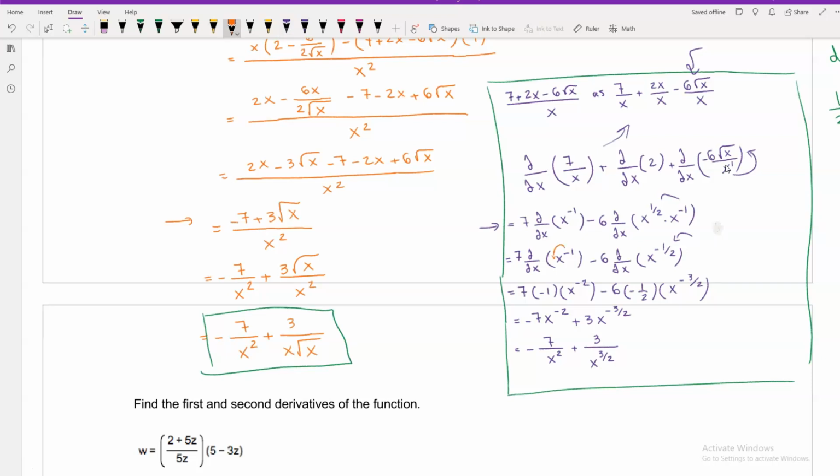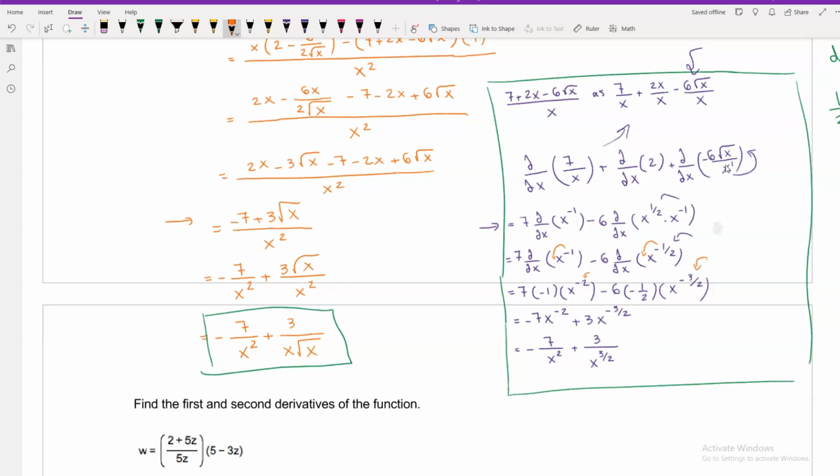So move this one to the left. We have negative 1 times x with power negative 1 minus 1, so that is negative 2. And the same thing for this part. Moving this one to the left, we have negative 1 over 2 times x with power negative 1 over 2 minus 1. So that is negative 3 over 2.